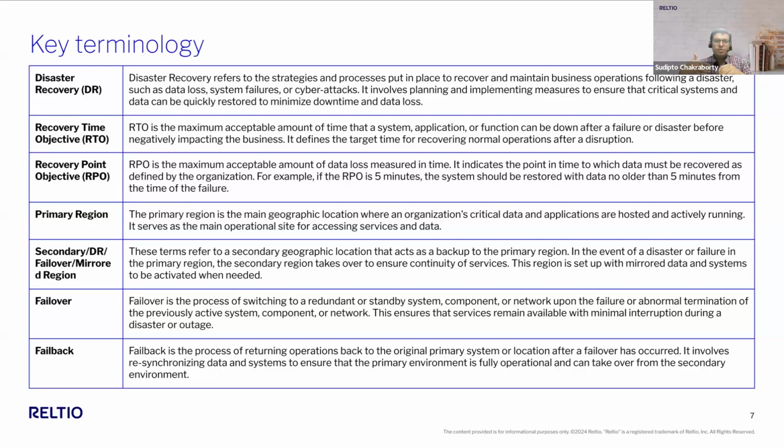Next is the primary region and the secondary region, right? So the primary region is your main data center or cloud region where your applications run and data lives during normal operations. The secondary region, also called the DR, failover, or mirrored region, is a completely separate location that acts as a backup.